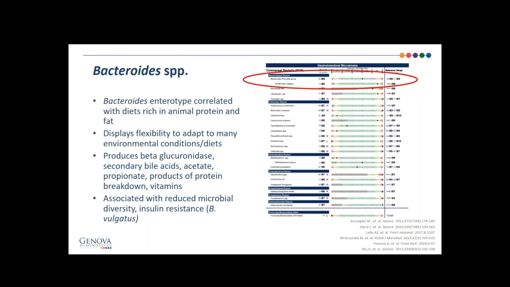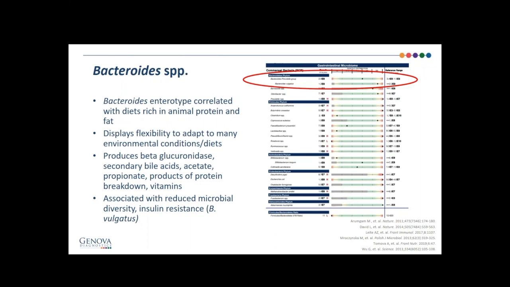The Bacteroides genus that we're talking about is capable of feeding off of lots of different substrates. It says here the Bacteroides enterotype correlated with diets rich in animal protein and fat. We can't always make generalizations and jump to conclusions, because different Bacteroides species also feed off of different substrates, even plants.